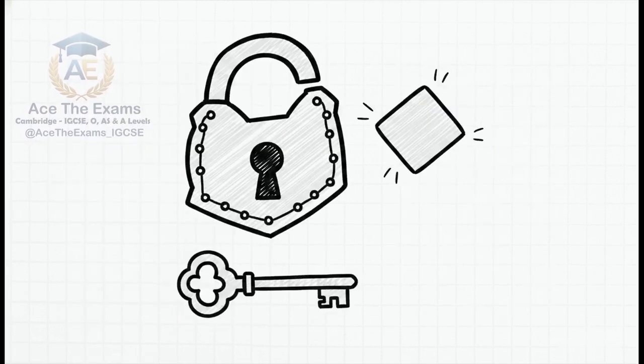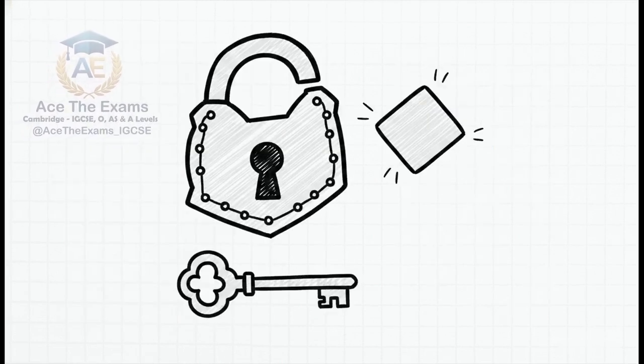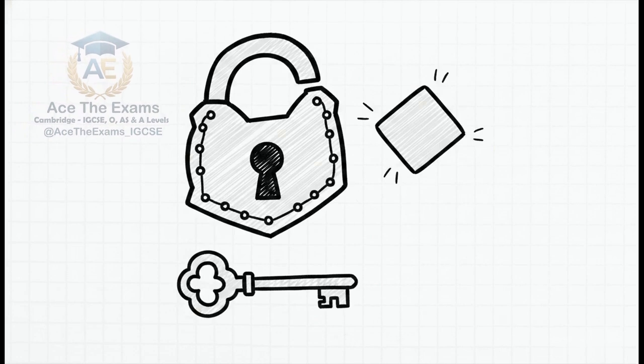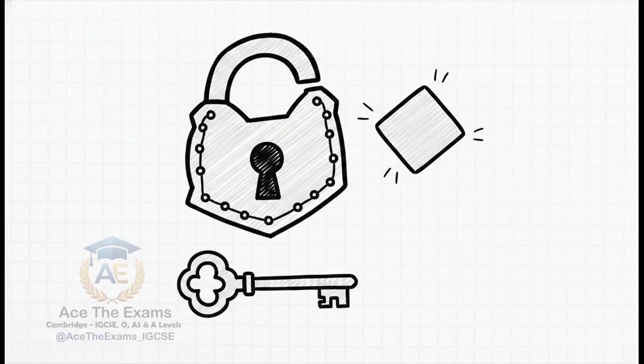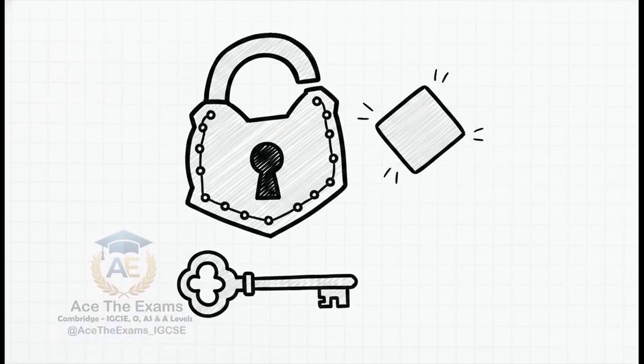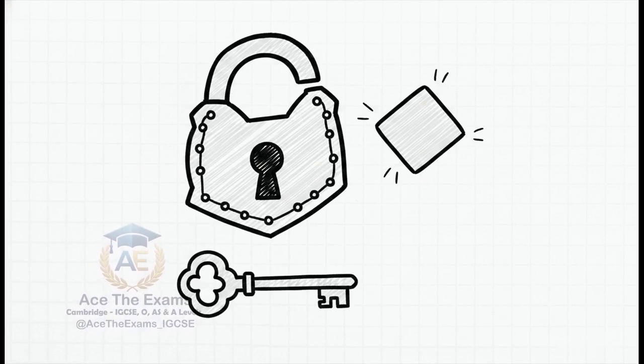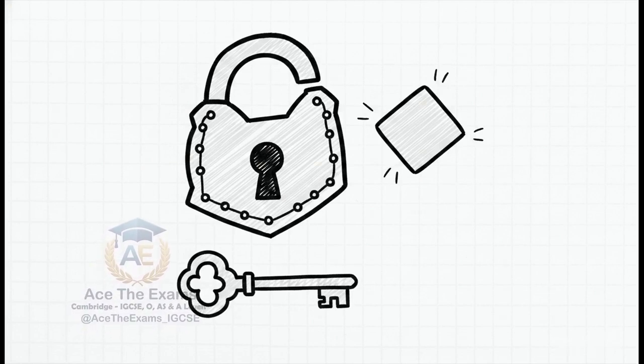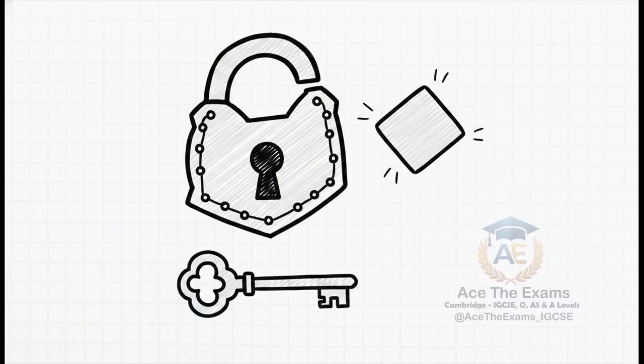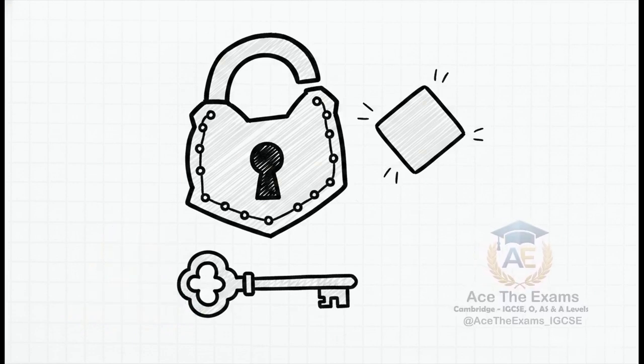And the third top mistake we see over and over, answers that are not specific to the context given. So, the absolute crucial point is this. You cannot just dump raw physics facts onto the page and hope for the best. The assessment objectives specifically target your ability to apply and analyze.